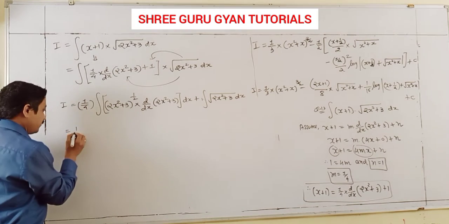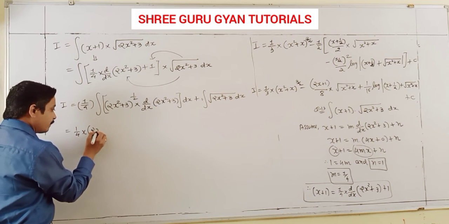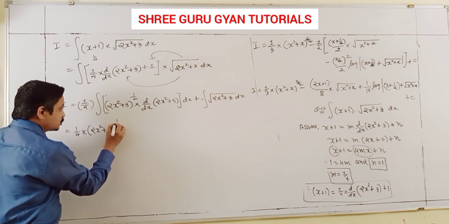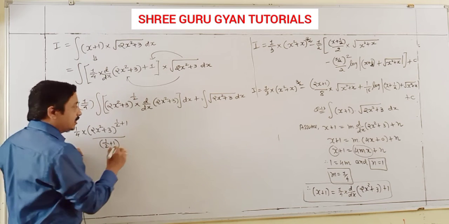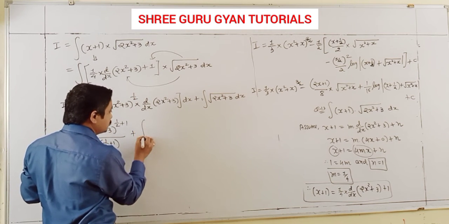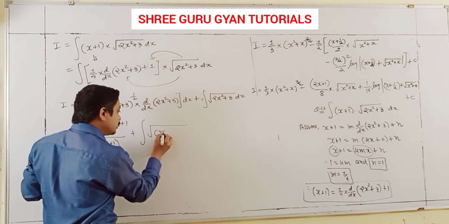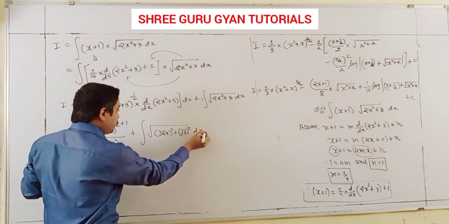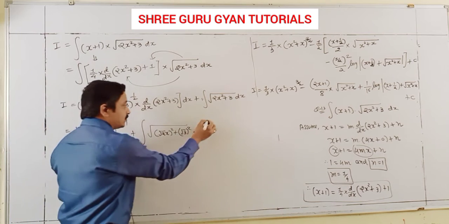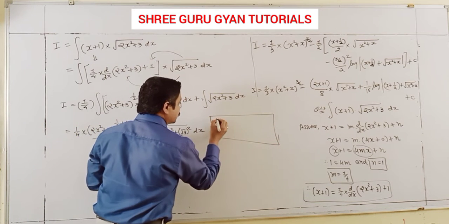So here 1 by 4. You can show half plus 1, half plus 1. And here, students, you can try the property of root 2x square and root 3x square. But disregarding that, write down the formula, necessary in the exam also.